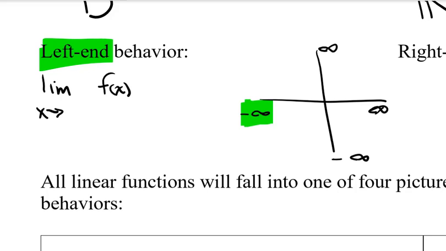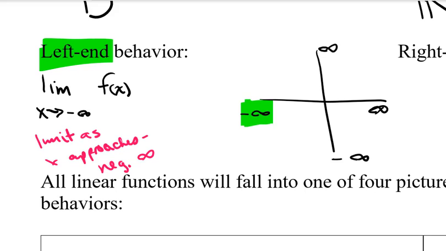Now, if we're looking at the left side, we're going to need a little negative infinity. So the way that you read the lim part is you say the limit as x approaches negative, and I'll just abbreviate that, neg, and then you can use a little infinity symbol, or you can just write negative infinity like that.